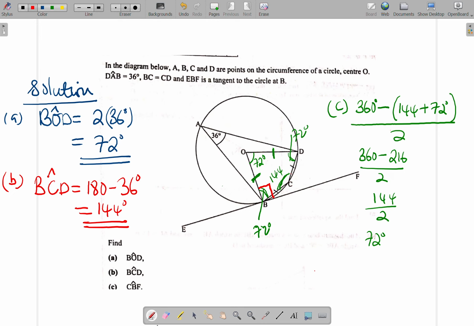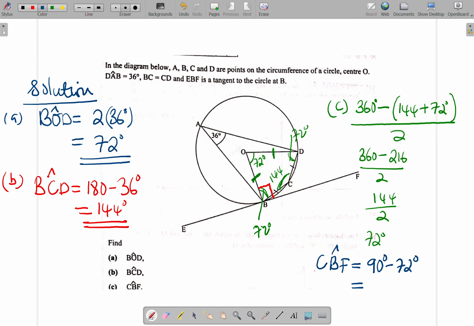The remaining angle, angle CBF, is simply going to give me 90 degrees minus 72 degrees, which is 18 degrees.